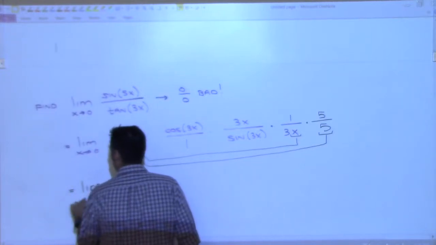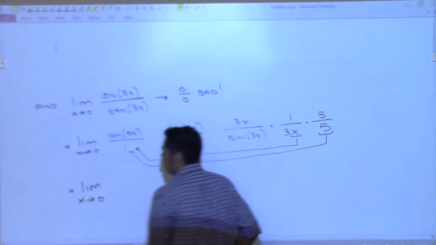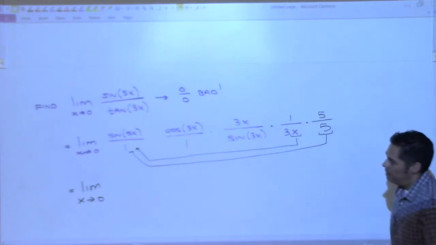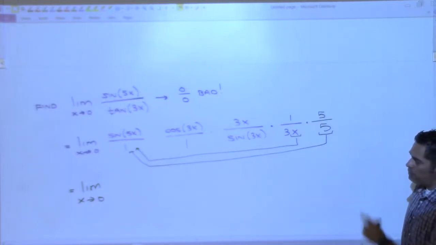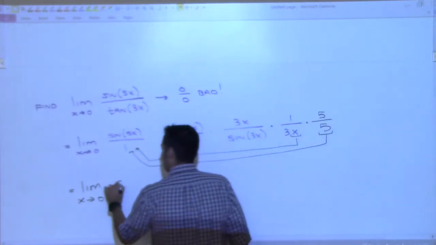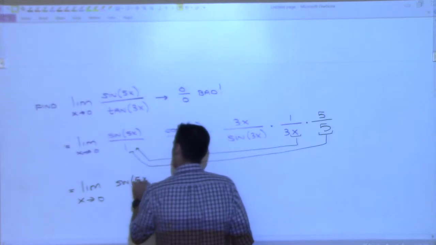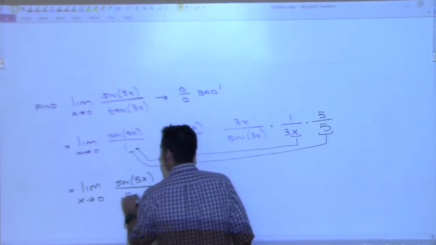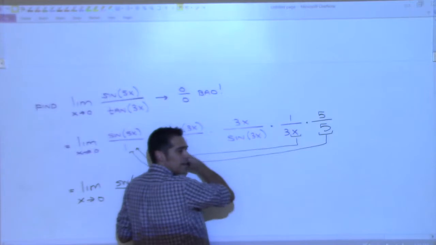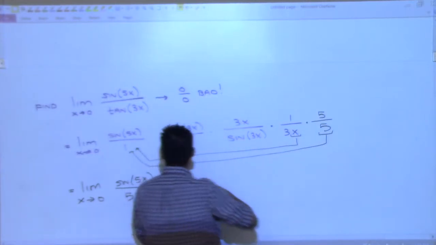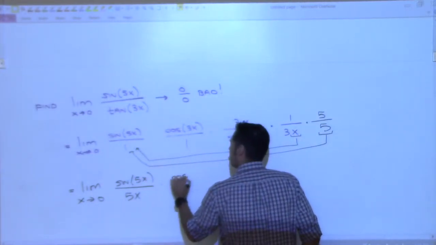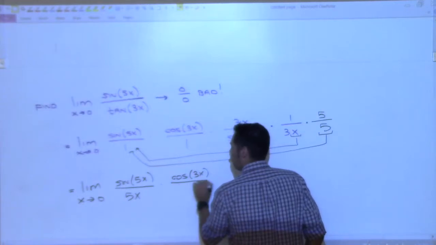What would my new limit look like if I do this? I'd have sine 5x over 5x, right? Because I grabbed the x and slid it down. I grabbed the 5 and slid it down. And then I have cosine of 3x over 1.